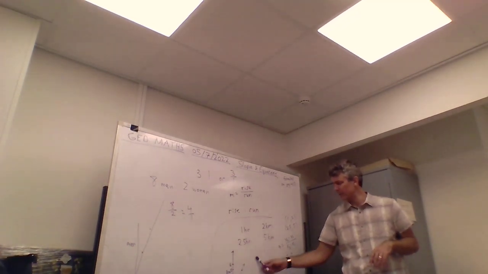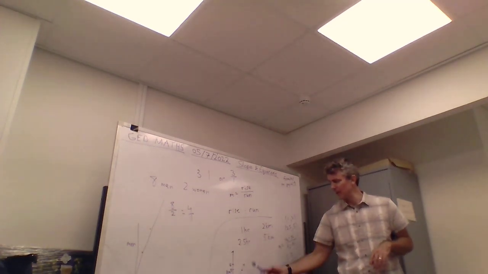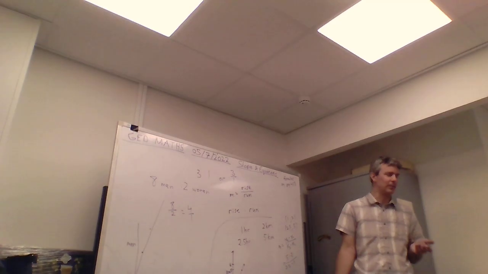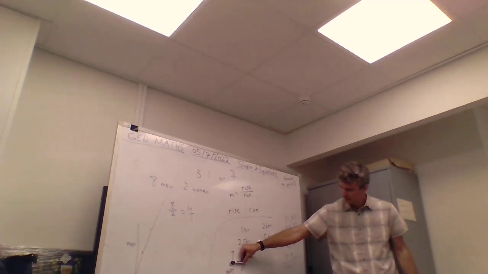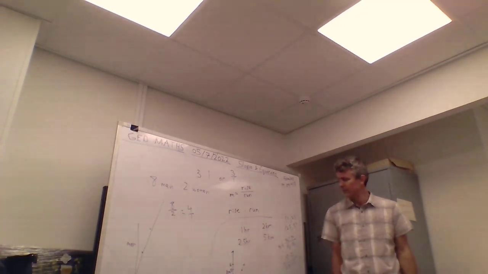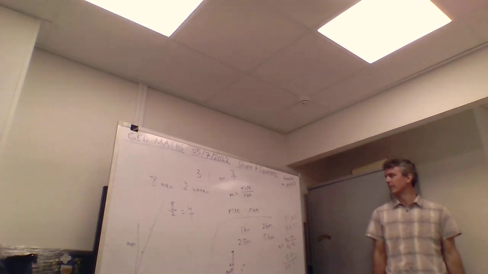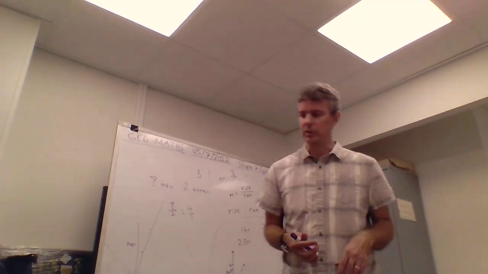You can just read it up to 10, right? Or how long will it take me to walk 6? Go across here. It'll take you 3. So you can see using the graph. This is an example of the slope as a unit rate.